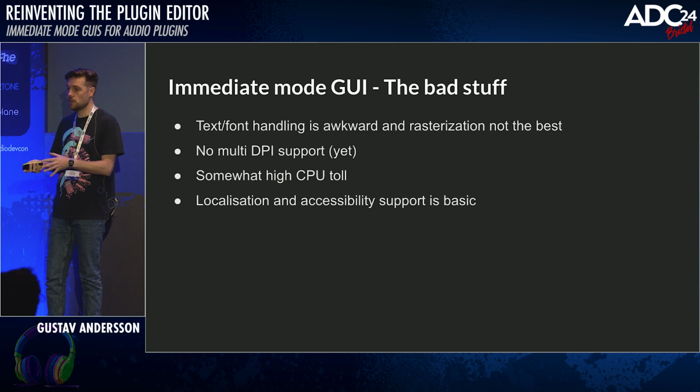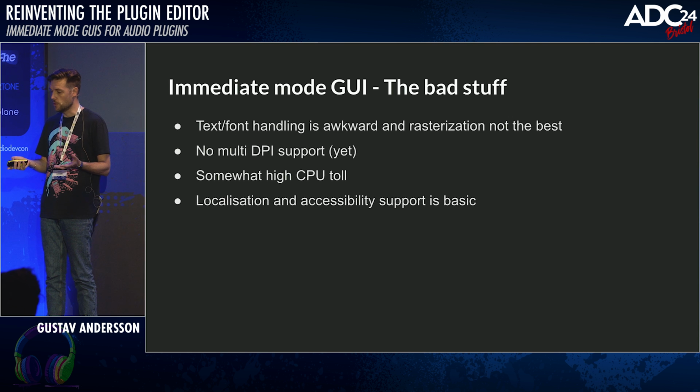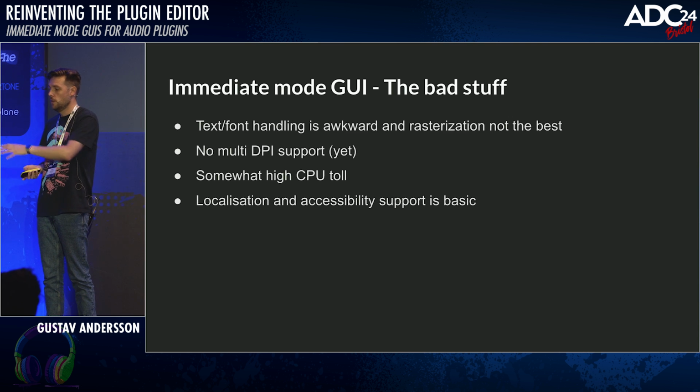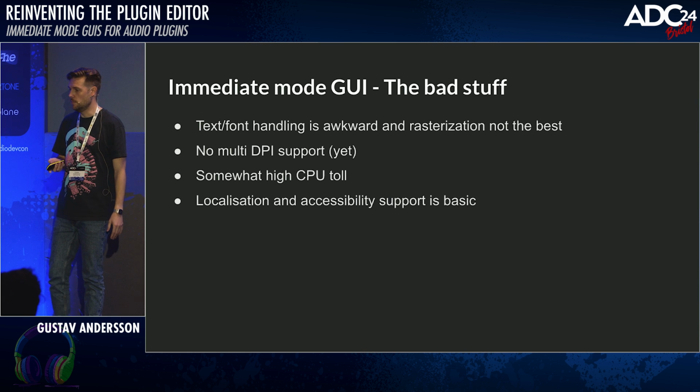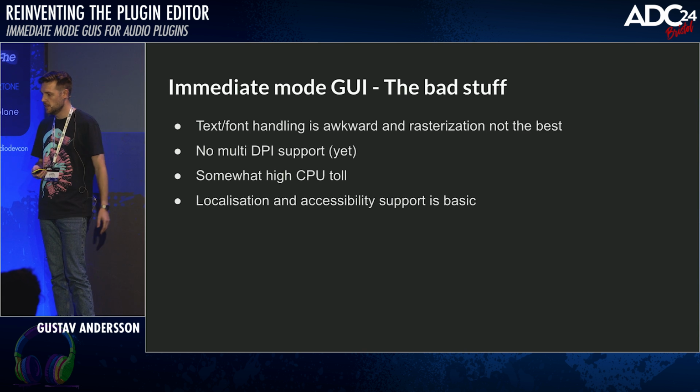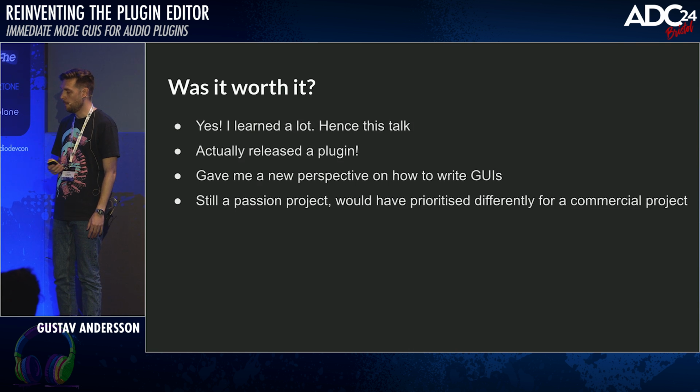Together with that, if you use the docking branch, the multi-DPI support is also not great, meaning that if you move your window from a retina screen to a non-retina screen, suddenly all your fonts are a bit more blurry, and why is that? And the localization features are kind of basic. Accessibility could be a problem because of the way it handles text, etc.